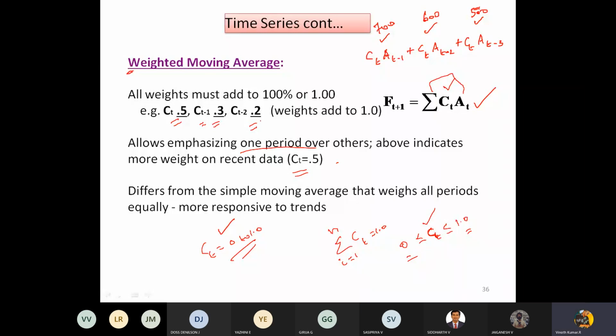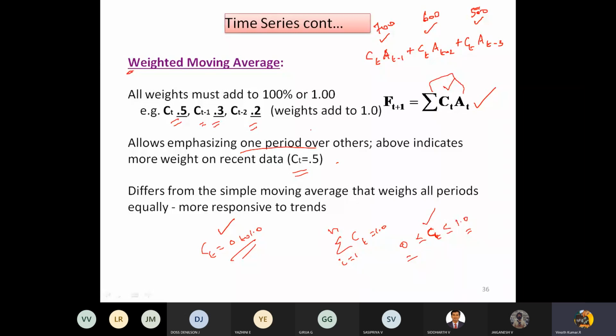And the question they have given is that the most recent period's demand is weighted twice as heavily as each of the previous 2 periods' demand, right?